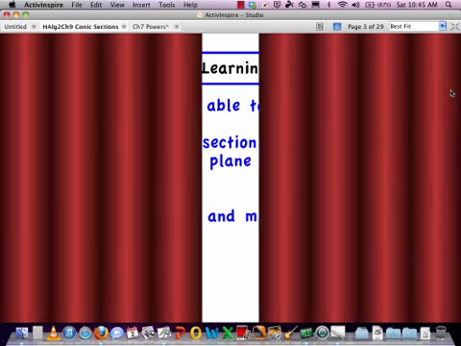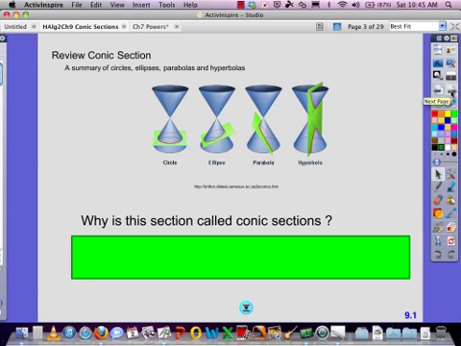All right, so here is a good illustration of a double cone and the different ways that a plane can intersect that double cone.